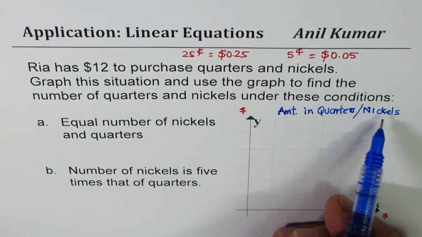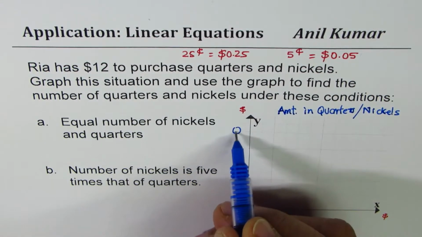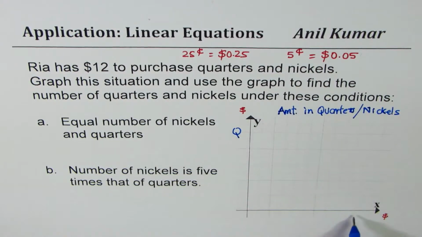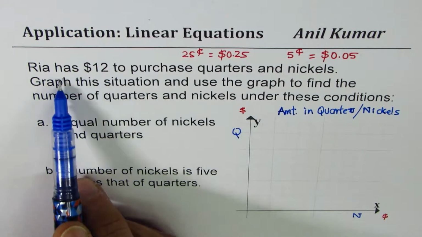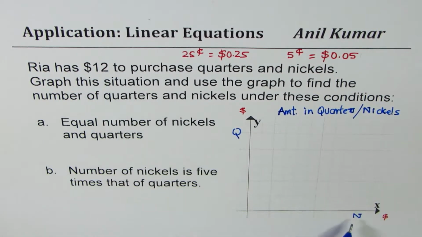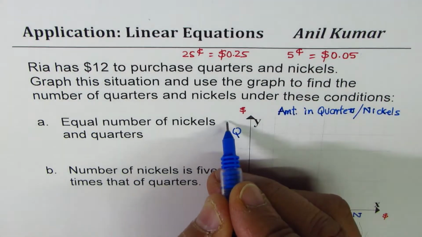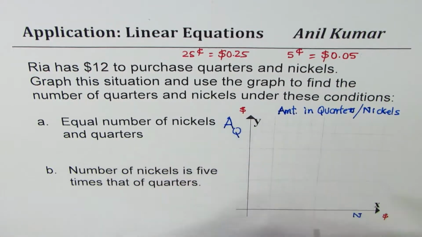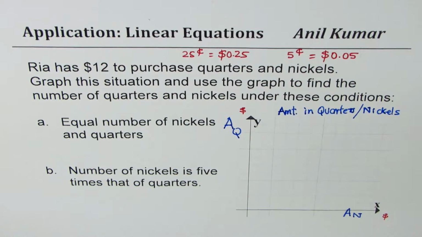So quarter is dependent on nickels. We will write quarters here, since as we have defined, nickels. Does it make sense to you? And what we also understand is the total amount is 12, and that really means that the amount in quarters, let me write this as AQ, amount in quarters, and amount in nickels, okay?